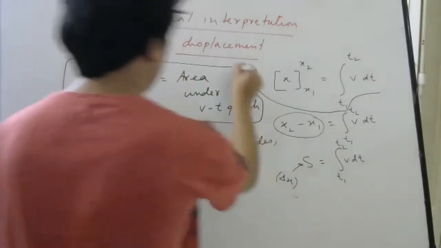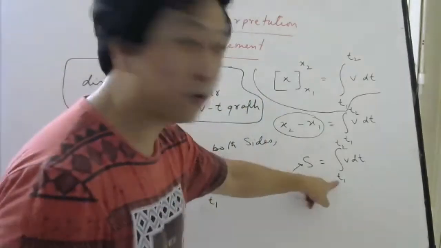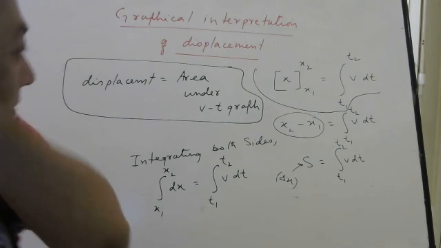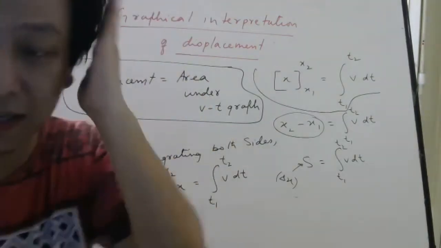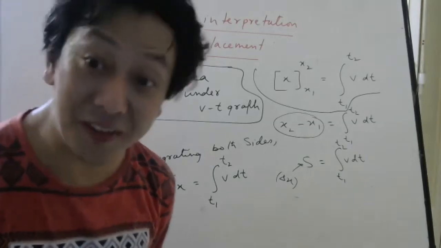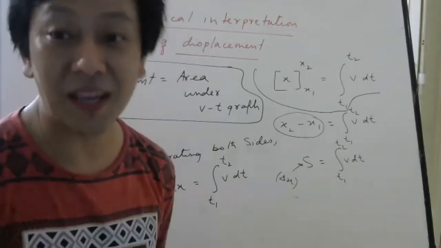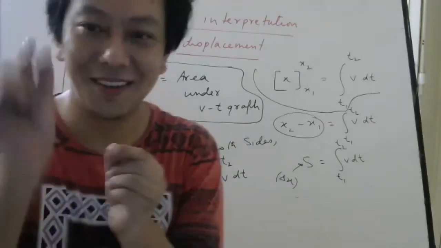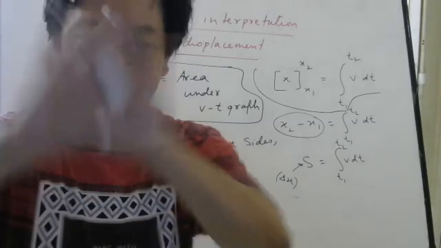Displacement is the area under the VT graph from T1 to T2, because integration of y dx means graphically the area under the y-x graph. Remember the small rectangles I used to make? You add all those rectangles, you get the total area.